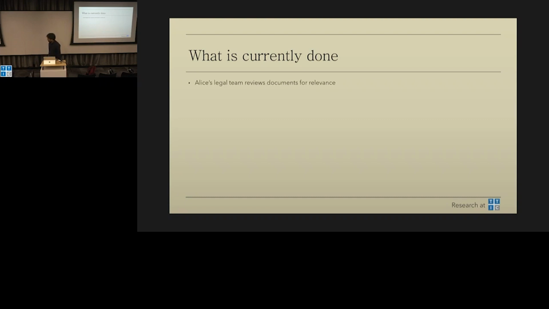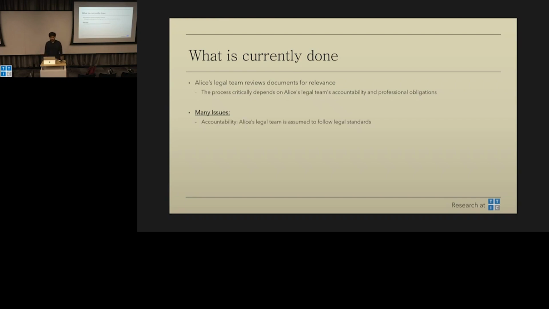The entire burden is placed on Alice's legal team, who are supposed to operate ethically under professional guidelines to reveal whatever documents are relevant to the litigation. But there are many issues with such a setting. First is accountability.